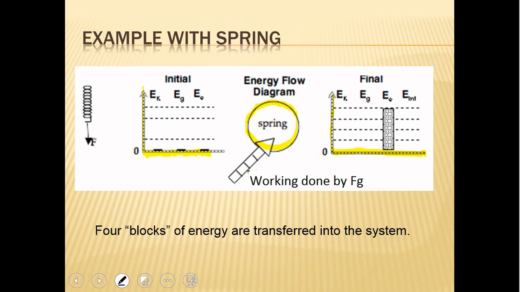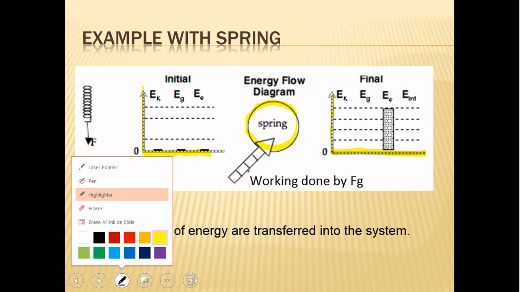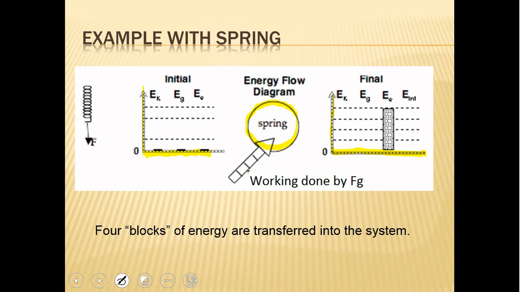So let's talk about an example of how to use these now with my spring system. If I define my system as just the spring, initially before it's stretched, it has essentially zero energy.